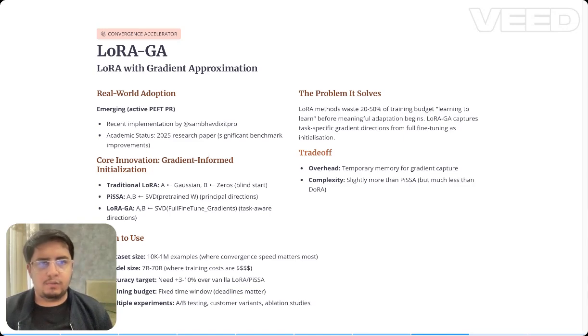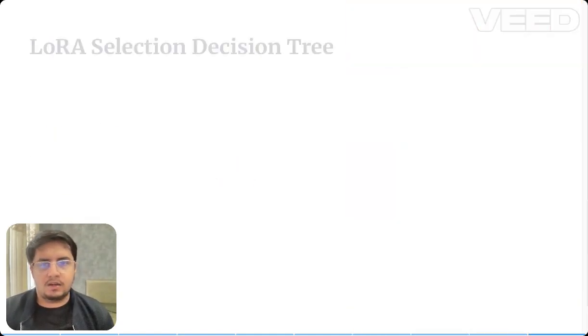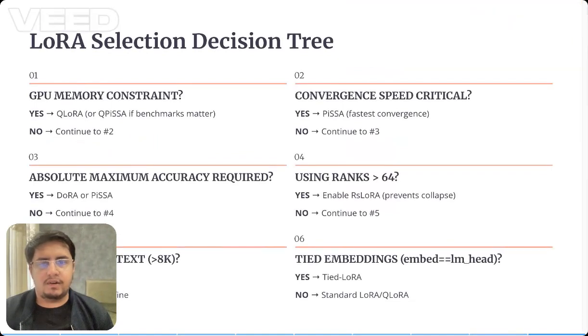If we move on to our summary, a basic decision tree of choosing the right LoRA variant, it's quite evident. If you are GPU constrained, you should go for QLoRA. If that's not the case and you need faster convergence, you should go for PiSSA. If you need maximum accuracy, you can try PiSSA or DoRA. If you have a large rank requirement, then you should try RS LoRA.